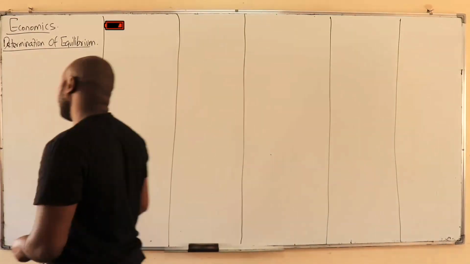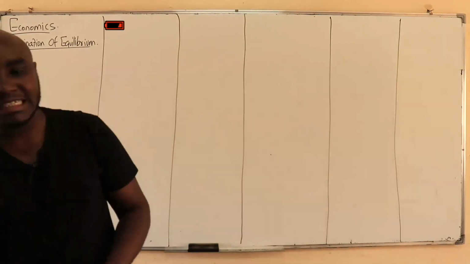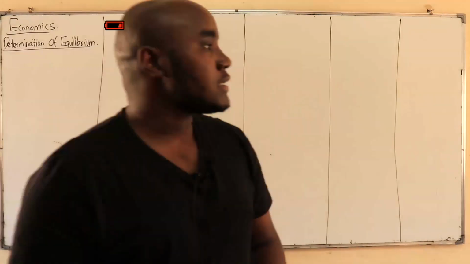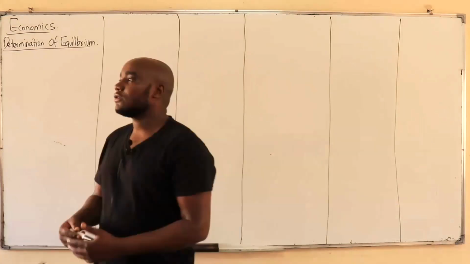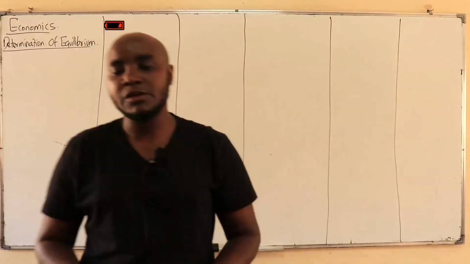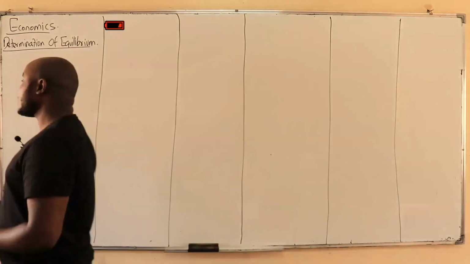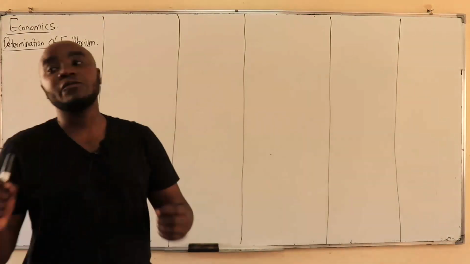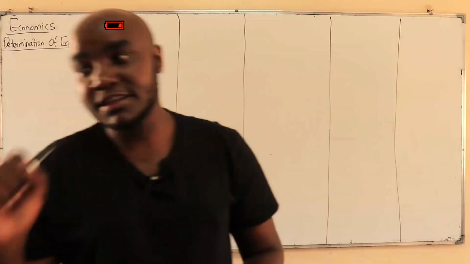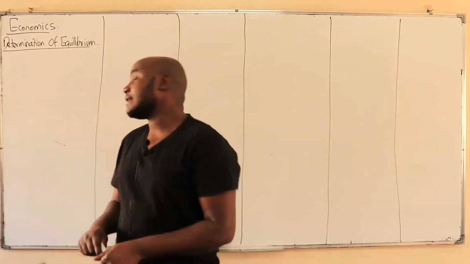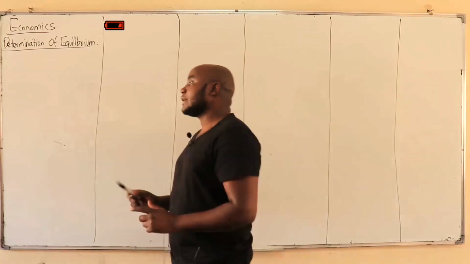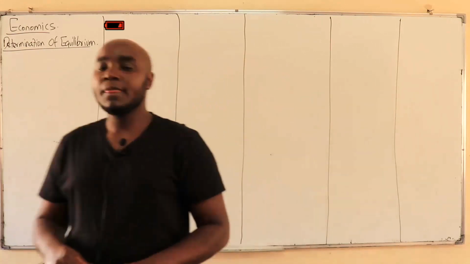And just a small recap of what we did last class: we were studying about the equilibrium, whereby we said that equilibrium is a state of rest. There is something we call the equilibrium price and the equilibrium quantity.